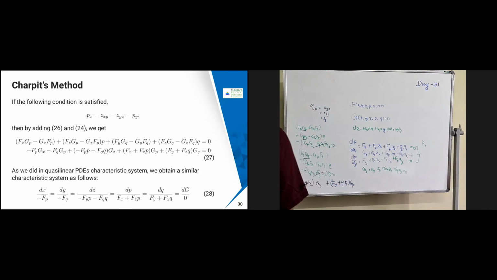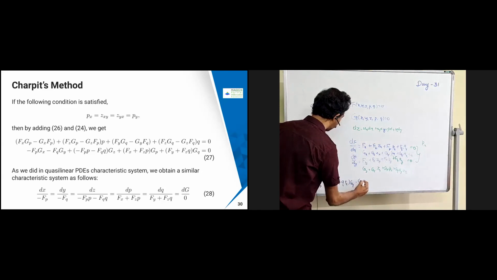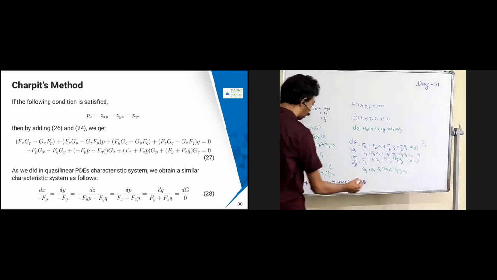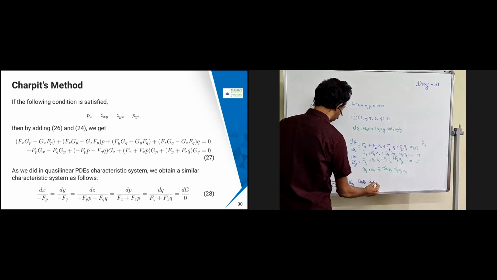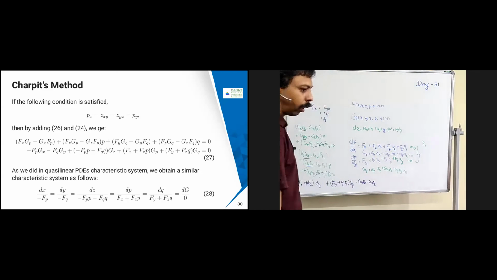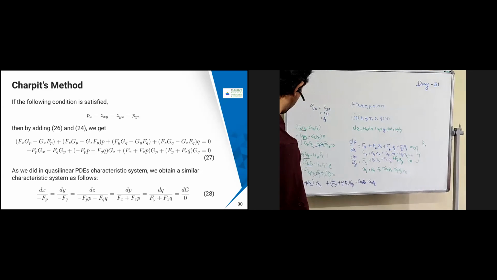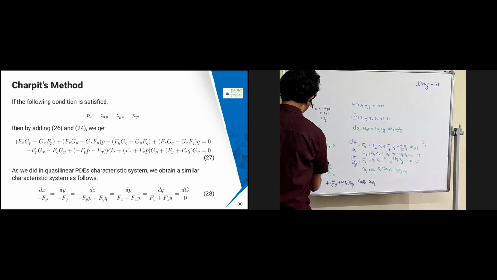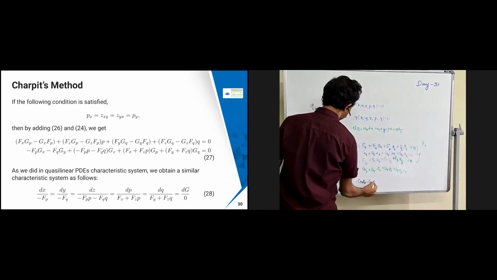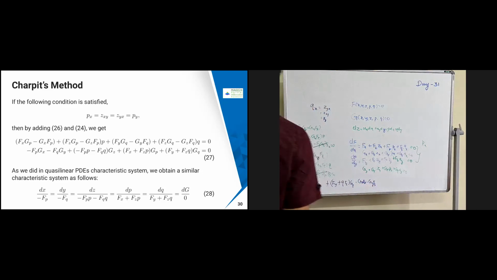Then I am done with this one. So the remaining terms I'm just keeping as they are: minus Gx Fp, I'm going to keep it as it is, and similarly minus Gx fq. Those two things I'm just going to keep as they are. This is G. Now what is left?